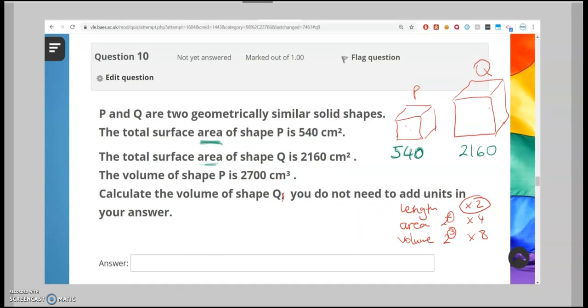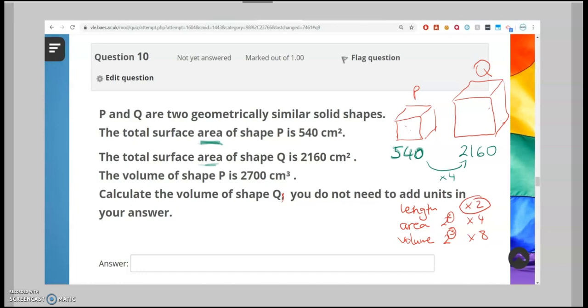By dividing 2160 by 540, I get 4. So 540 times 4 gives us 2160.